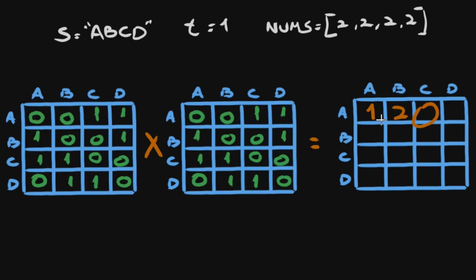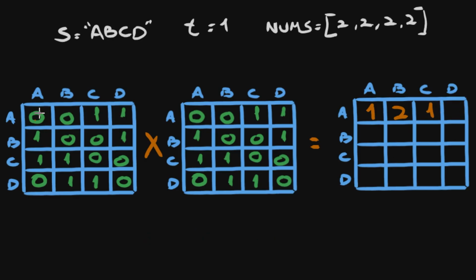Next we are here, so we are multiplying this row with this column, and 0 times 1 is 0, plus 0 times 0 is 0, plus 1 times 0 is 0, plus 1 times 1 is 1. So this is 1, so here we put a 1.